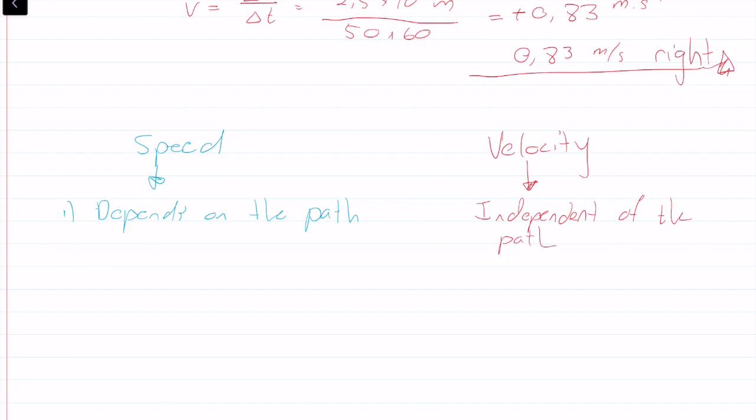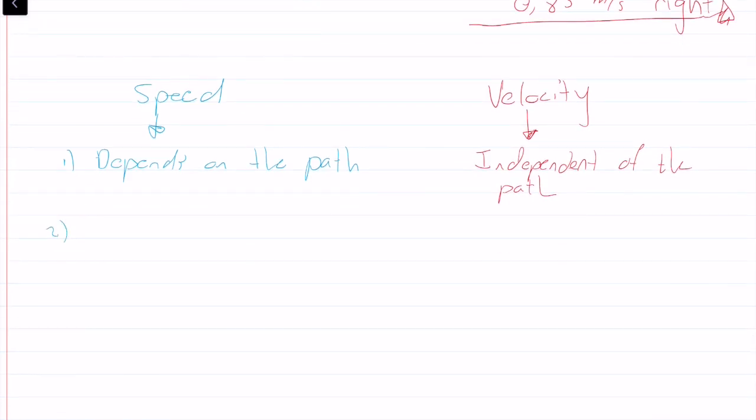Okay, number two. Again, speed is a scalar, therefore always positive, while velocity is a vector, so therefore can be positive or negative.